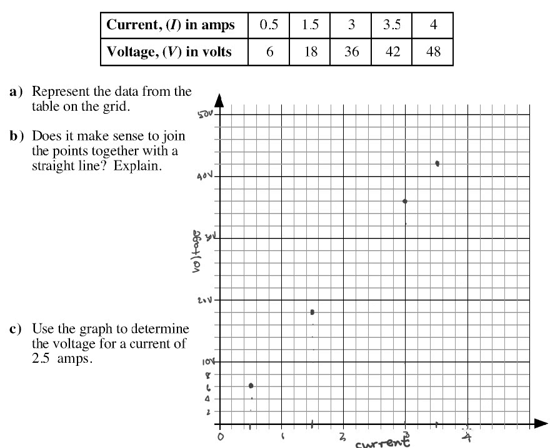And 4 amps right on the line requires 10, 20, 30, 40, 48 would be right there. So, represent the data on the grid, done.